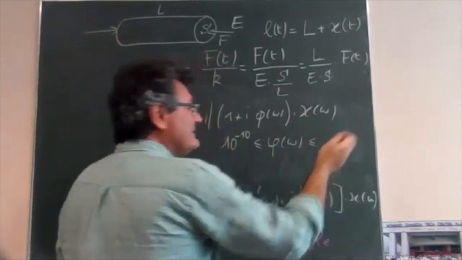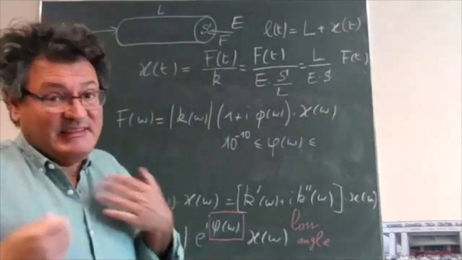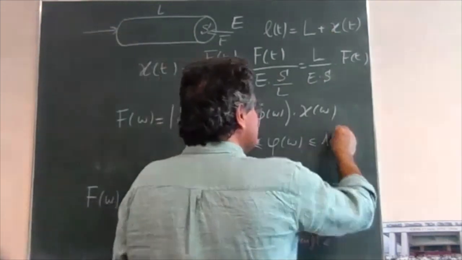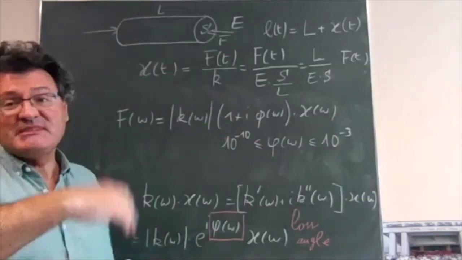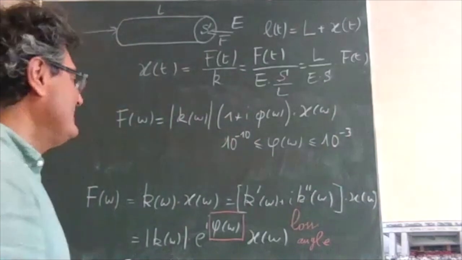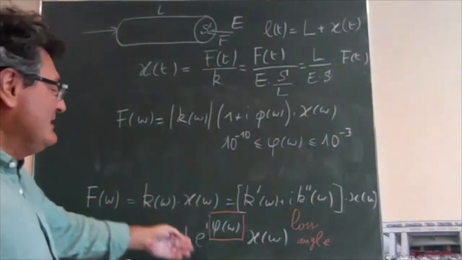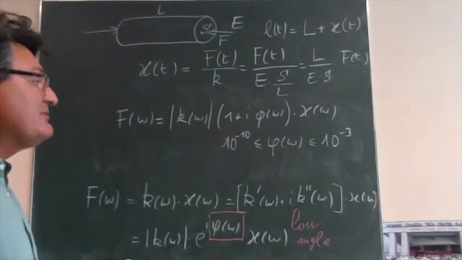And then yes, indeed, you can have a phi that is really large, but in the material that we use, you can consider that phi is 10 to the minus 3 at most. Sometimes it's a bit more than 10 to the minus 3, but this is roughly the range. So definitely the approximation of the exponential is perfectly justified.